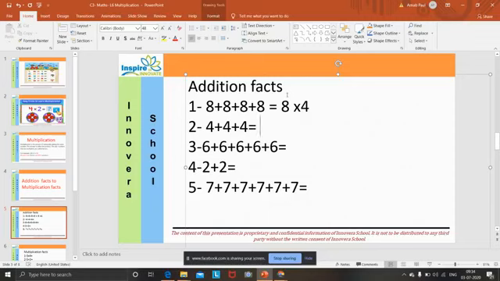First we will write the number itself, whichever number is repeating, and then we will write how many times the number is repeating. That is 4 multiplied by 3. This is the multiplication fact.